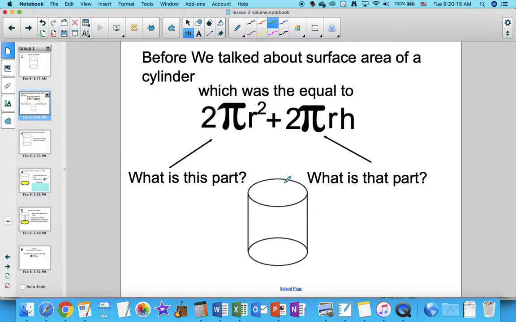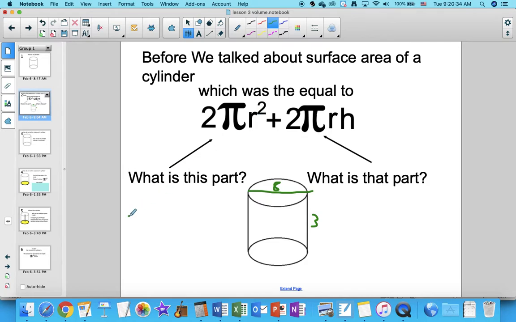If I were to give you a question, let's say I had a cylinder that had a diameter of 8 and a height of, let's say, 3. Okay, well, let's fill in the blanks. We have 2 pi r squared.